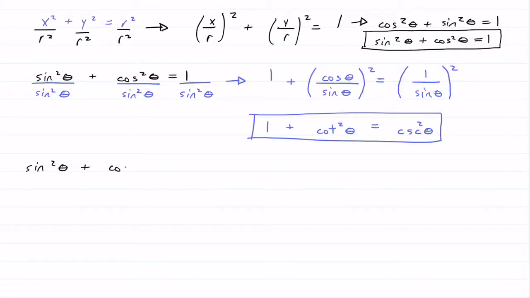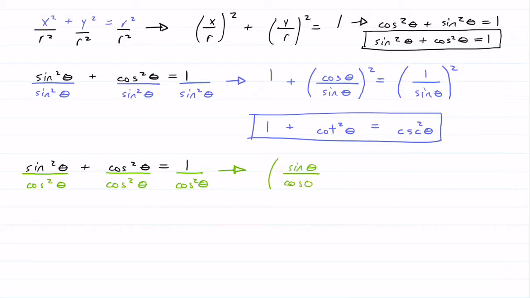Now to find the third Pythagorean identity, start again with sine squared plus cos squared equals 1, but this time we'll divide everything by cosine squared. So it's going to be sine squared divided by cosine squared plus cos squared divided by cosine squared equals 1 over cos squared. Sine squared over cos squared is just sine theta divided by cos theta all squared, plus cos squared divided by cos squared is 1, equals 1 over cos theta all squared, again because 1 squared is 1 and cos squared is cos squared.